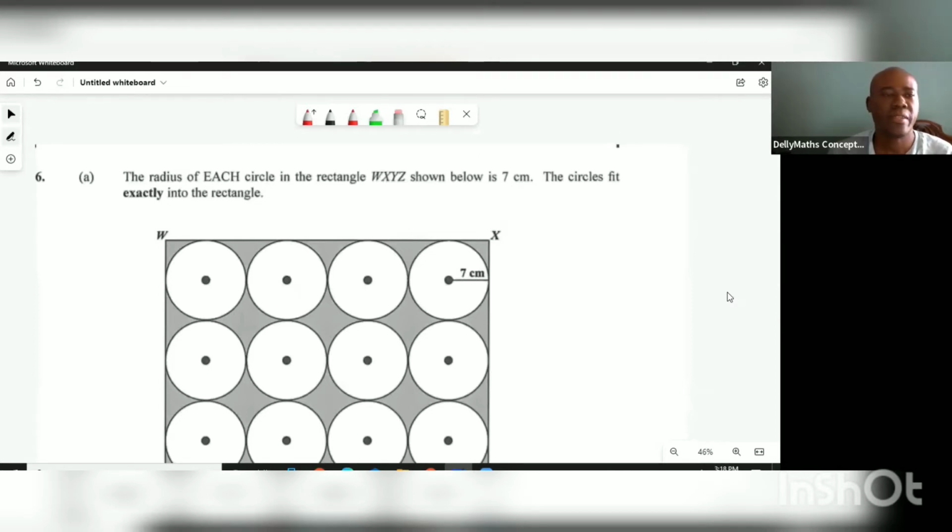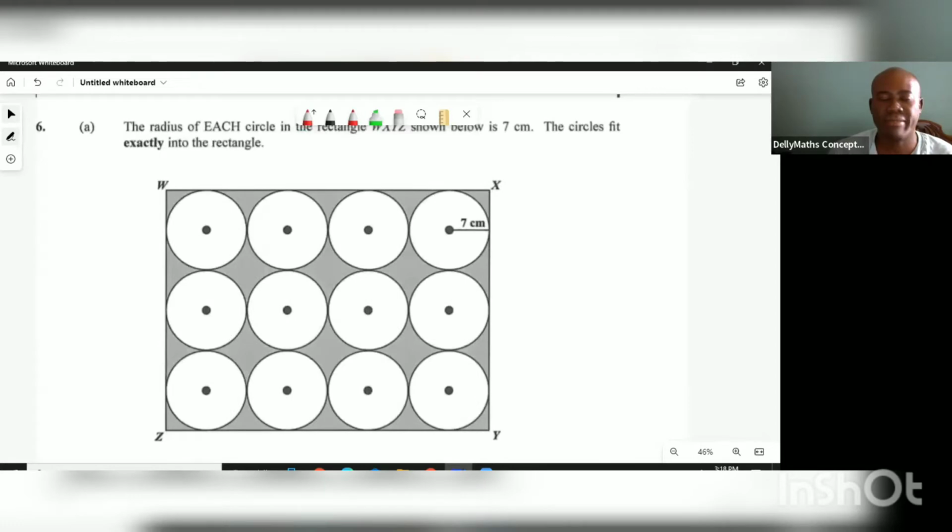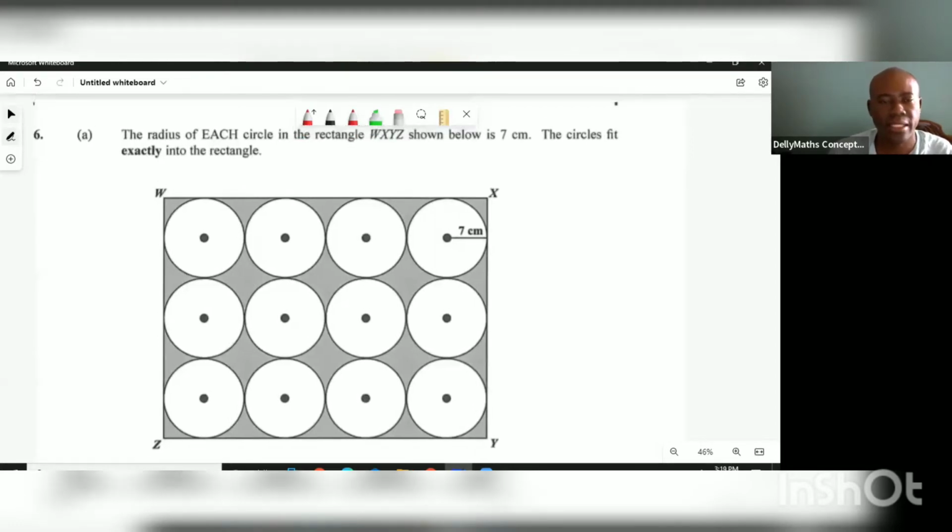The circles fit exactly into the rectangle. So we have a number of circles fitted beside each other and they fit exactly in that rectangle. We're told the radius for each is 7, and we're seeing that radius right there, that's 7.